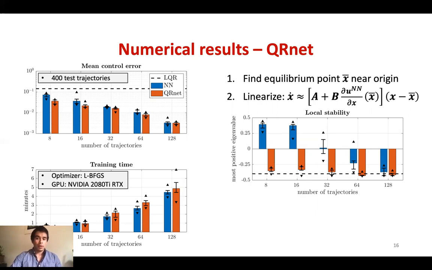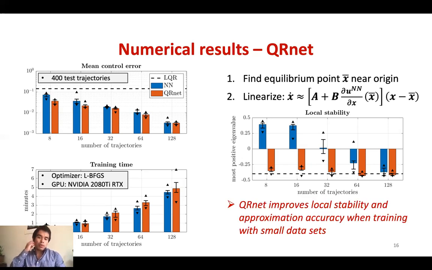You're going to have a positive eigenvalue. On the other hand, for QRnet, you don't see that. Overall, even if you train with very, very little data, because the LQR is helping you out, you're going to have a locally pretty stable controller. And this is a really nice property because it looks like you are improving local stability and approximation accuracy when training with small data sets without sacrificing anything.